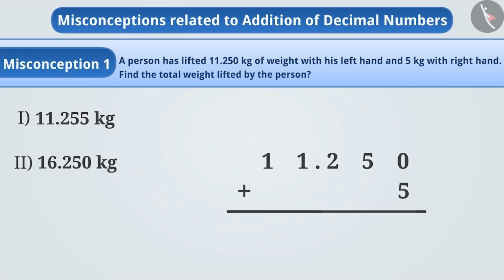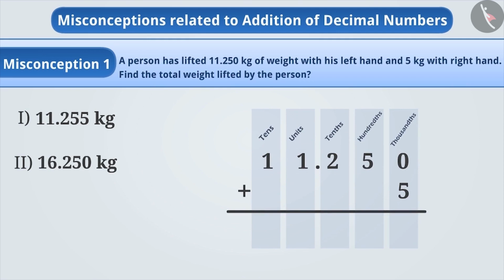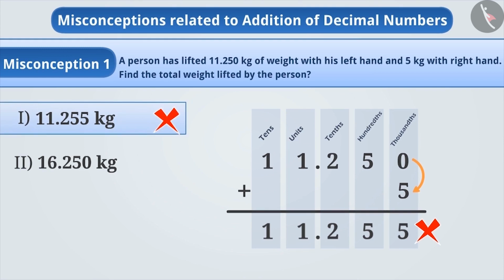While adding decimal numbers, the place value of digits is ignored. Here, while solving this example, 5 is written below 0 and the sum obtained is 11.255 kg. Since the placement of numbers has not been done correctly, the incorrect answer option 1 is chosen.